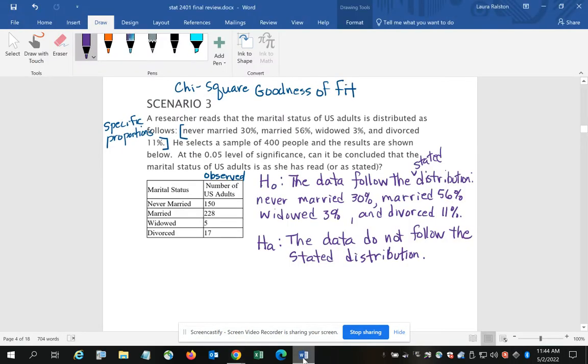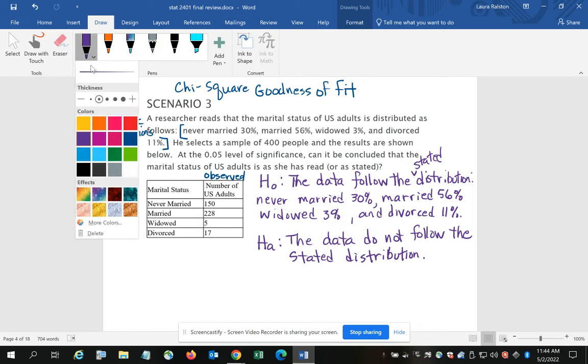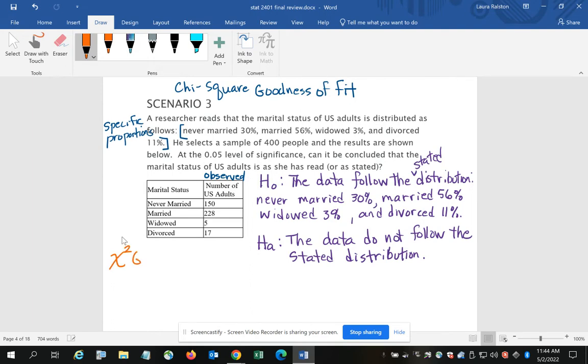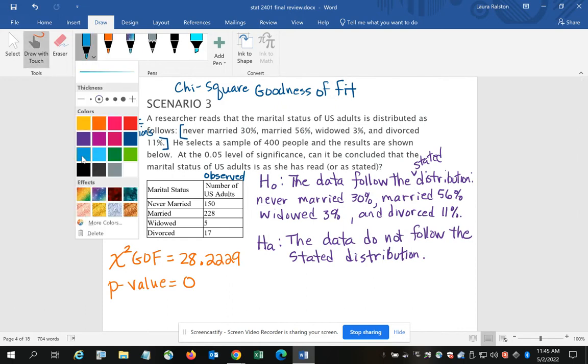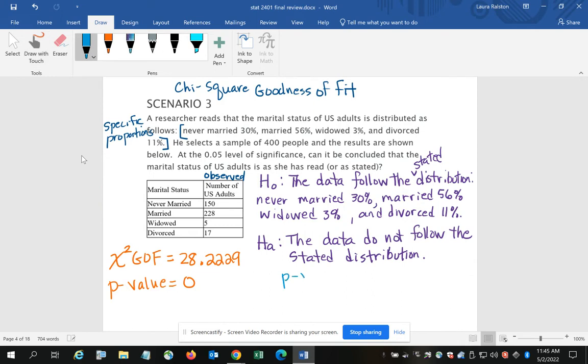Okay, so we go back and we write that down. Our test statistic, which is chi-square goodness of fit, is 28.2229. The corresponding p-value is 0. We then compare the p-value to the given alpha, which is 0.05. So we're going to compare 0 to alpha, which is 0.05.